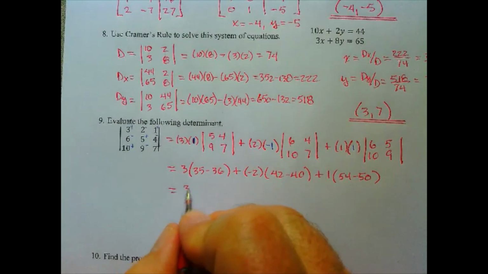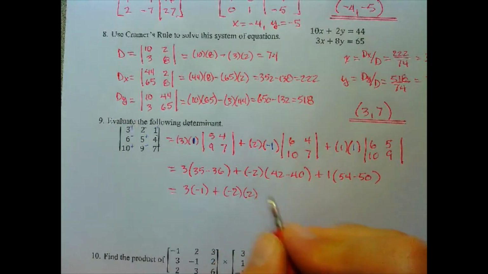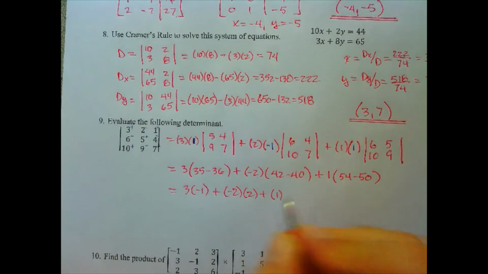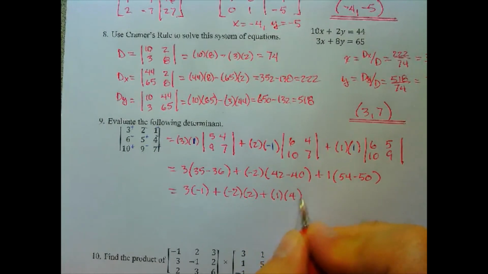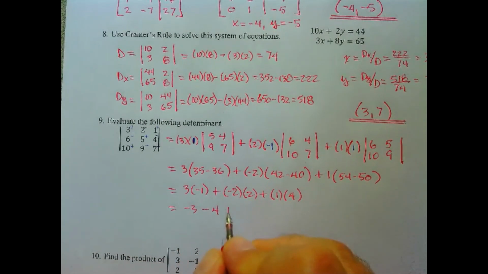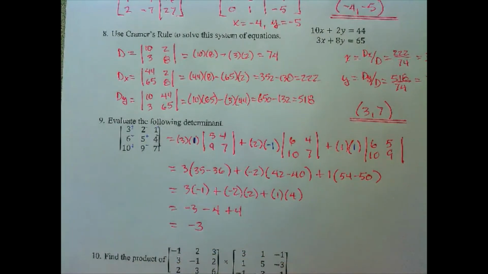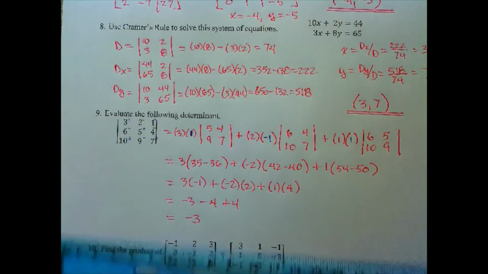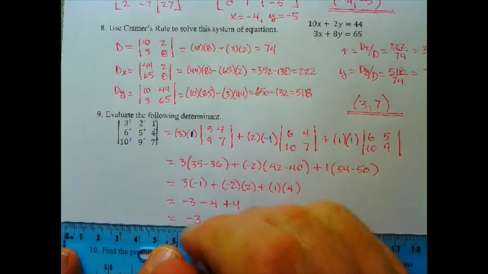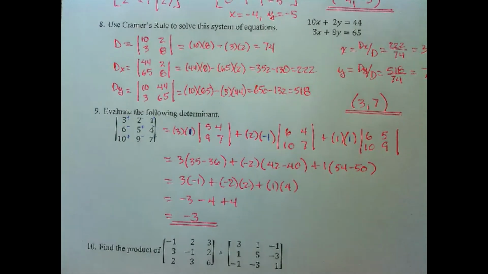So 3 times negative 1, plus negative 2, times 2, plus 1 times 4. Negative 3, negative 4, plus 4, and our final answer is negative 3. And that is problem 9.